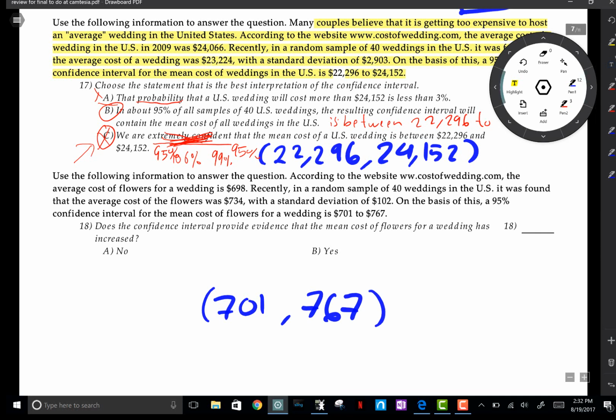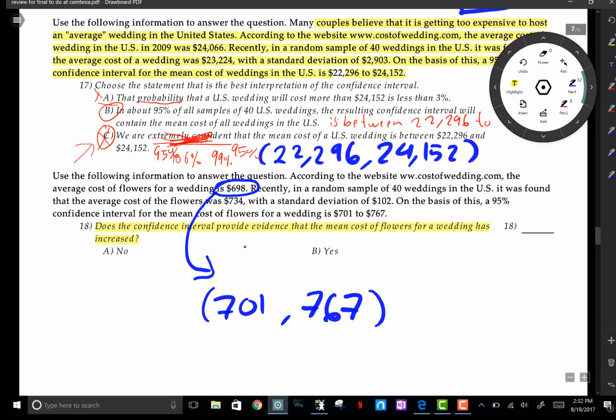If we look at the problem, it's asking, does the confidence interval provide evidence that the mean cost of flowers for a wedding has increased? What we want to do is take this value right here, the 698, and see whether it fits into our confidence interval. If it falls inside our confidence interval, that means it has not increased.